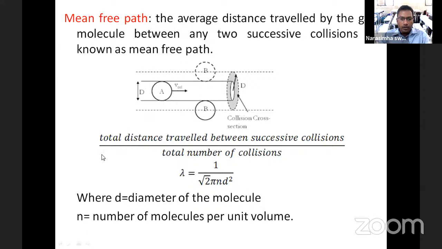So the mean free path can be expressed as the total distance traveled between successive collisions divided by the total number of collisions. Here lambda is the mean free path, equal to 1 by root 2 pi n d square, where pi and root 2 are constants, n is the number of molecules per unit volume, and d is the diameter of the molecule.